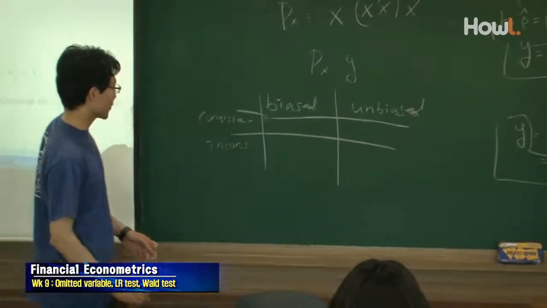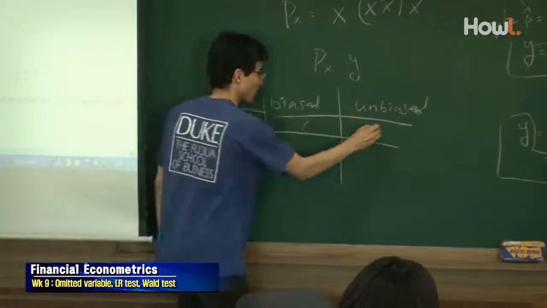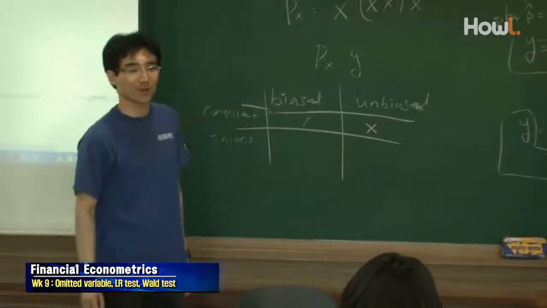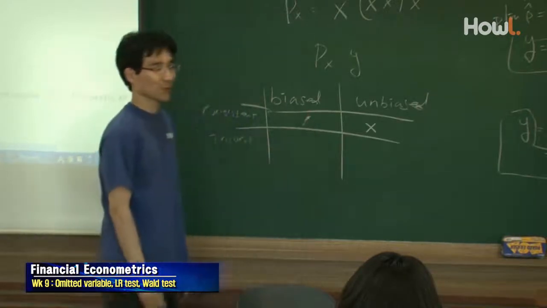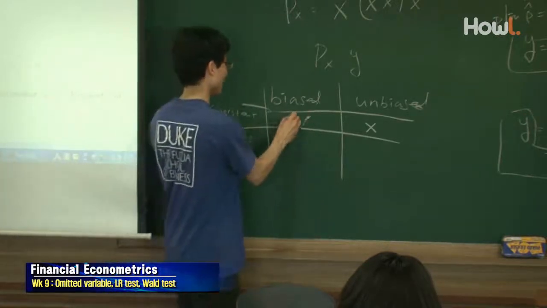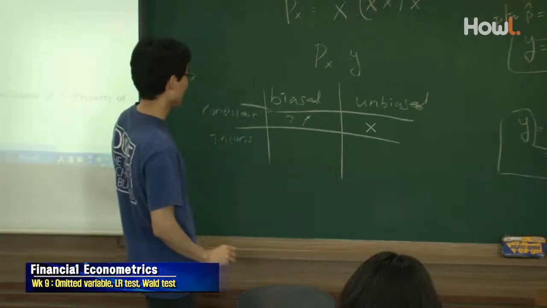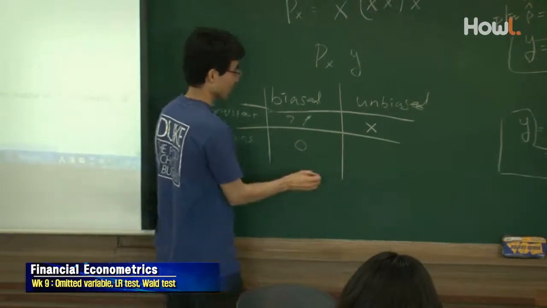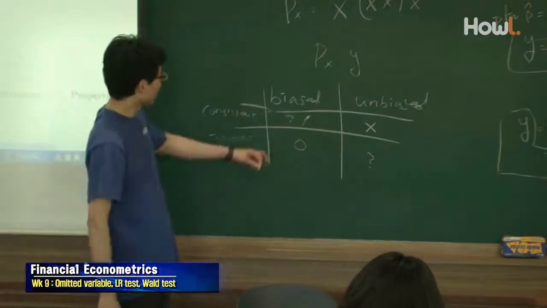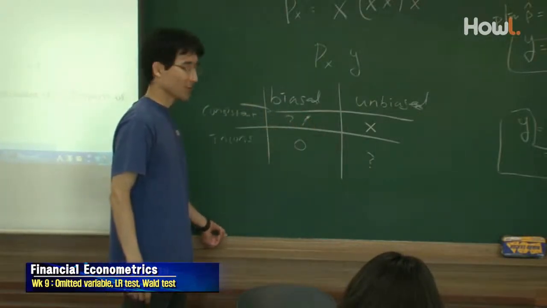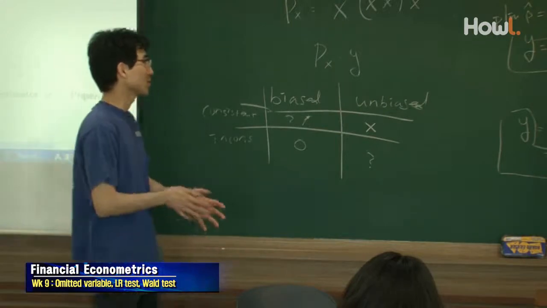Our OLS regression is consistent and unbiased, right? Can you come up with any example of the other cases? This case is too obvious, so maybe these two cases are the interesting ones. Do you think there is a possible consistent but biased estimator?